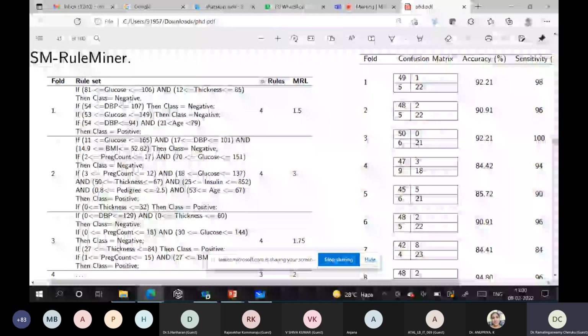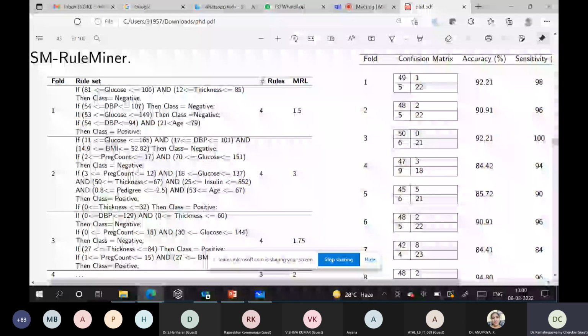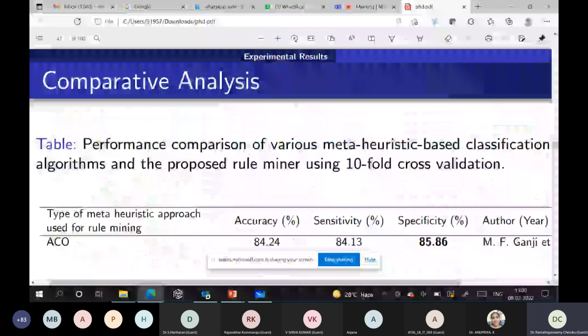This is called a fuzzy rule. I'm not talking about comprehensibility and accuracy, but about interpretability. If you generate more interpretable rules by introducing categorical terms to these features, it becomes a fuzzy rule. I'm just giving a glance over that.